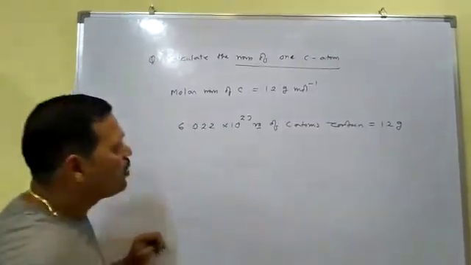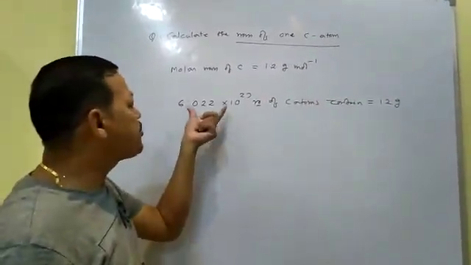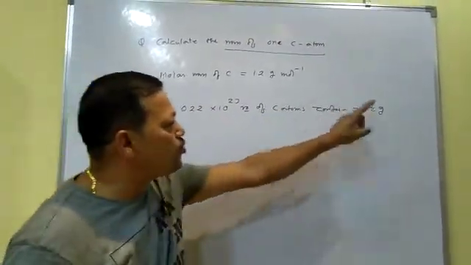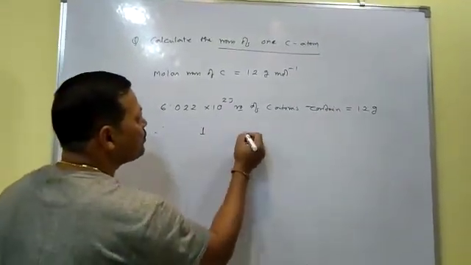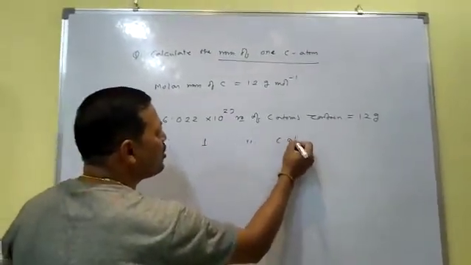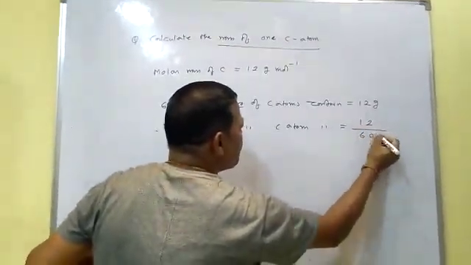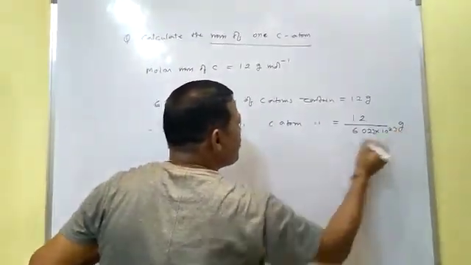Have you understood? Therefore, one carbon atom contains 12 divided by 6.022 into 10 to the power 23. This much gram you will get.